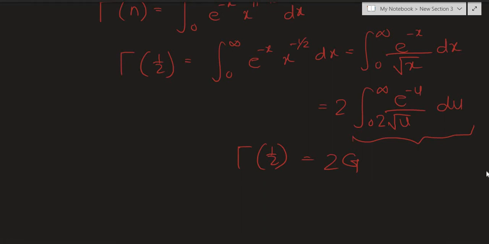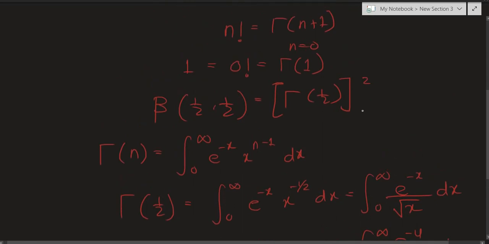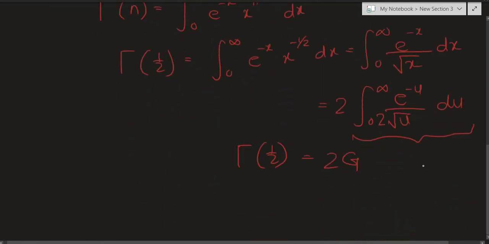And why do we want the gamma of 1/2? That's because of this beta formula, right? So beta of 1/2 comma 1/2 is basically gamma of 1/2 squared. We know the value of gamma of 1/2, so squaring that gives 4g squared.